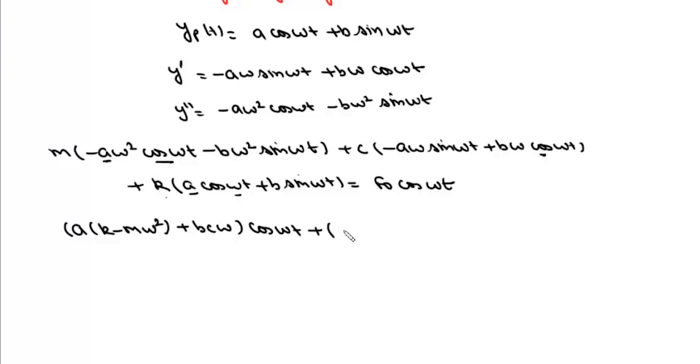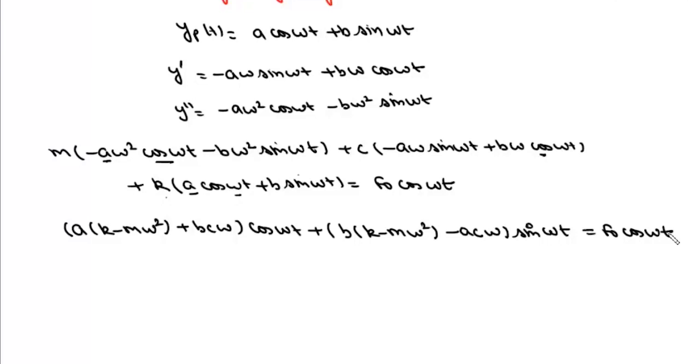So it will be b into k minus m omega square minus ac omega, into sin omega t, and it will be equal to F naught cos omega t.